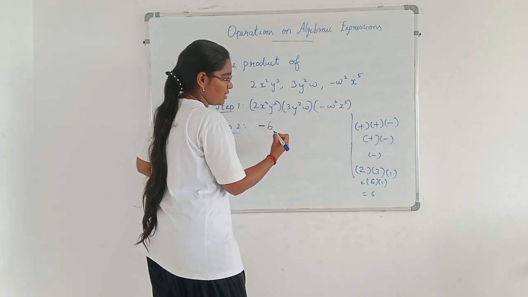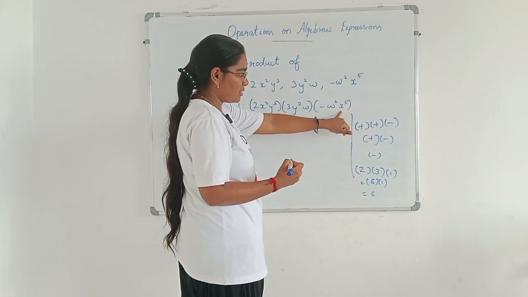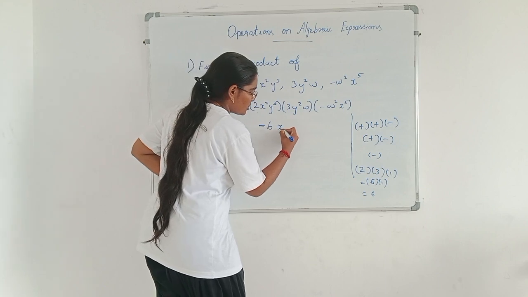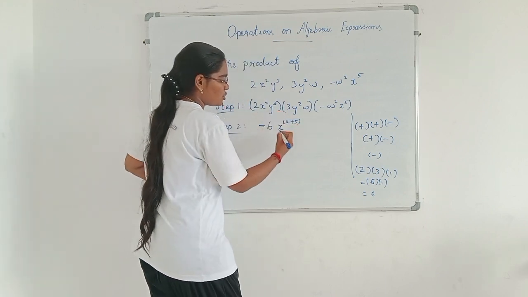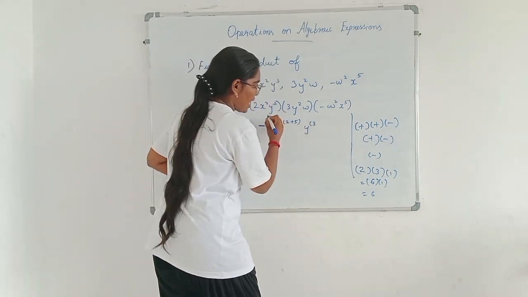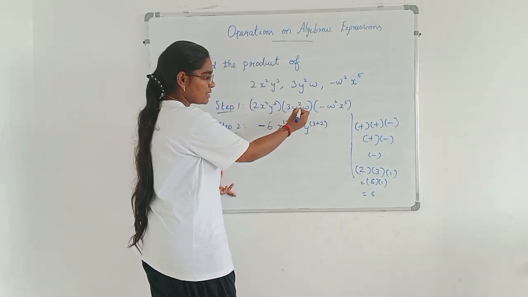Okay. Next step is you have to consider these variables, the power. Okay. So here x square is there. Another x is here. That exponent is x to the power of 5. So x 2 plus 5. Okay. Next y. Y is cube. Next another y term is here 2. So y 3 plus 2.